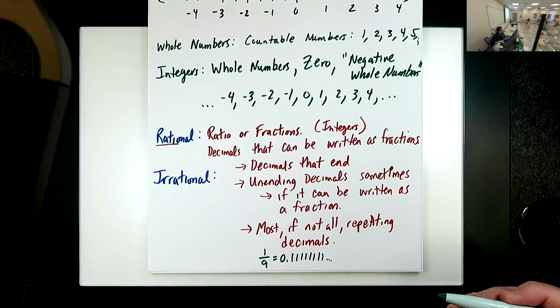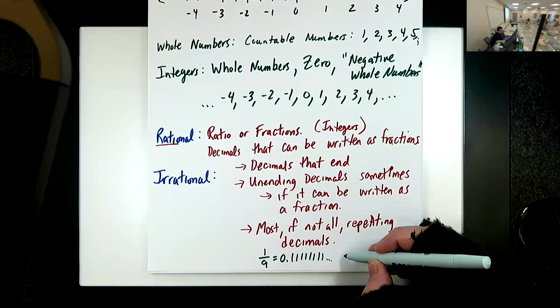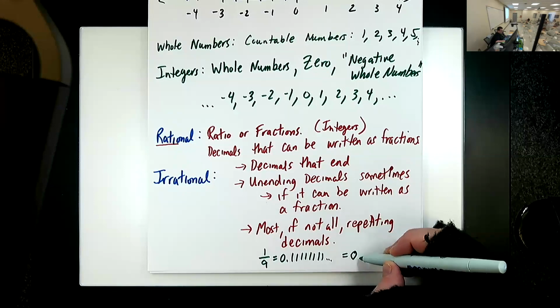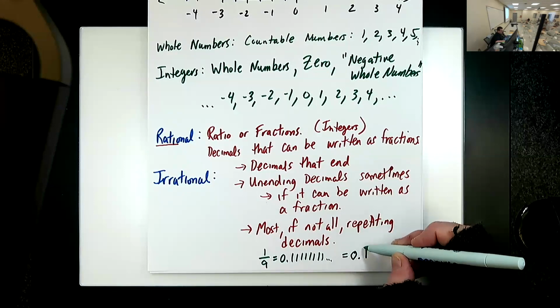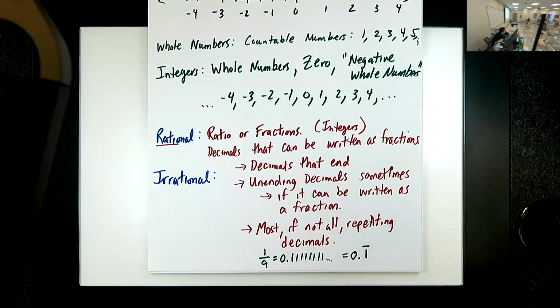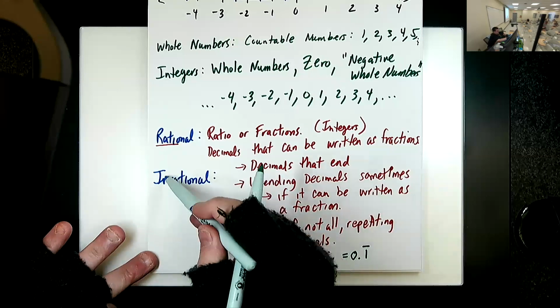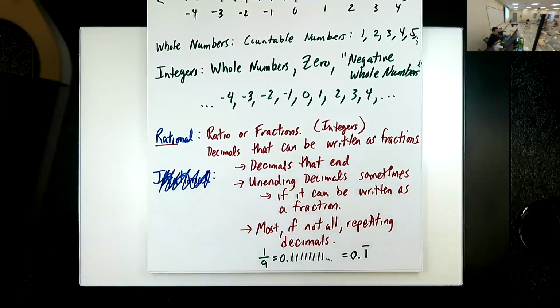Things that repeat, whatever repeats, we write in a simplified form. We put the value that repeats with a repetition bar over it. I'm going to put a rational on the next page so I can put a little bit more here.